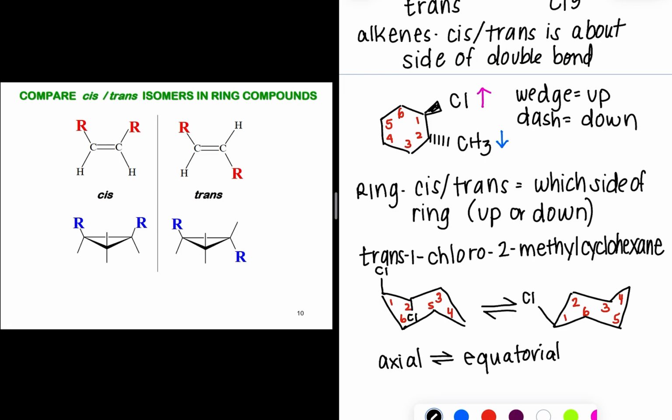And then, over here, sorry guys, I put a Cl, it's supposed to be a CH3. Then on position number 2, it should be facing down, but equatorial. So a little bit smashed here, but this is different than on the double bond.